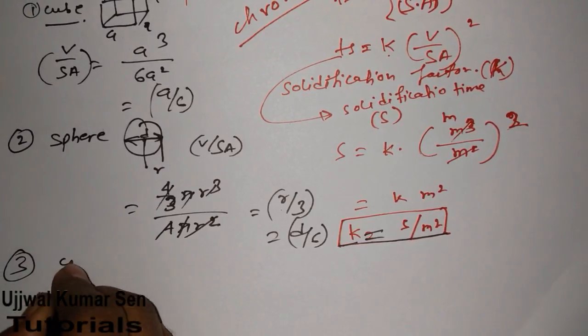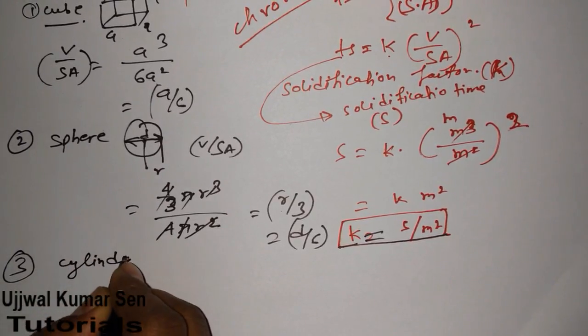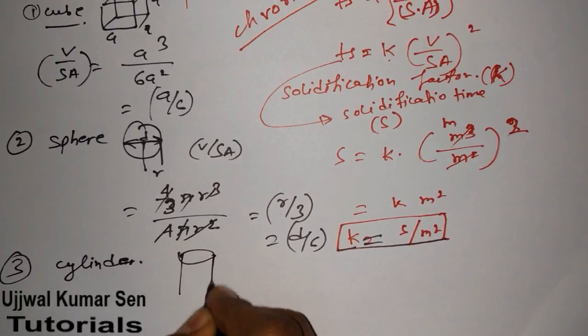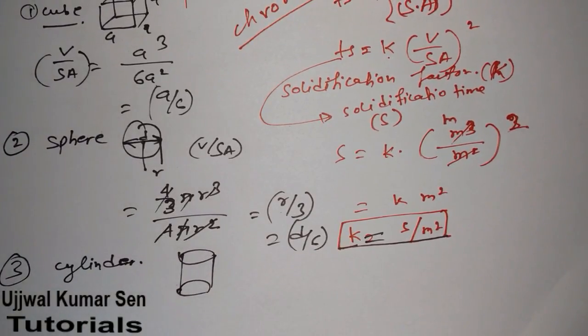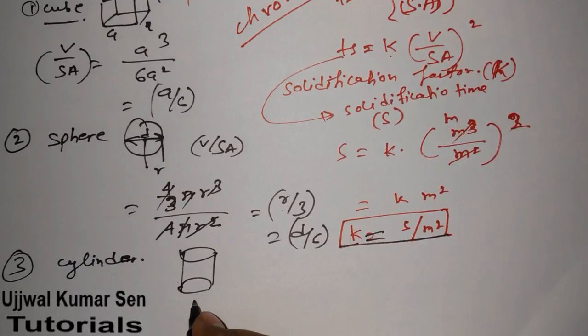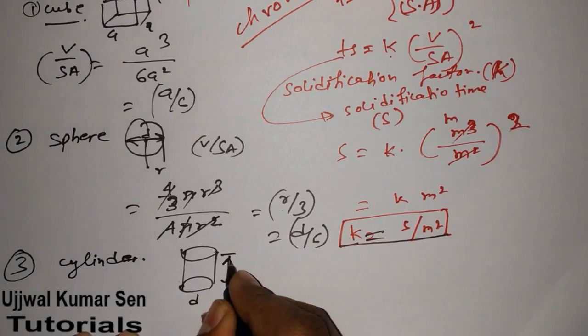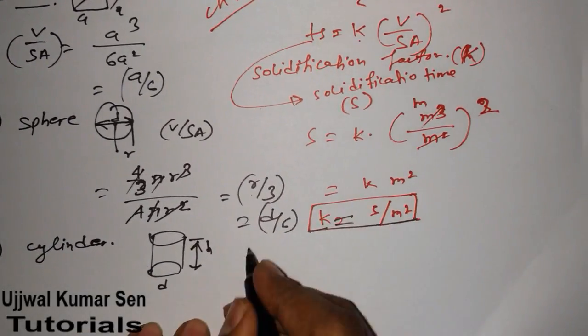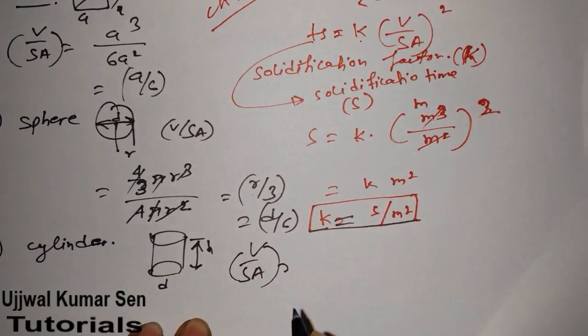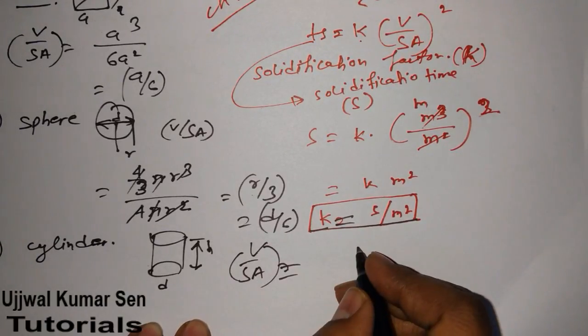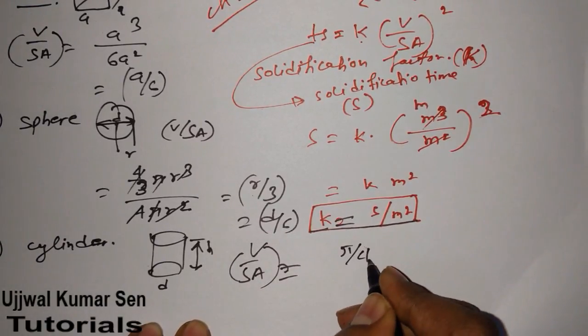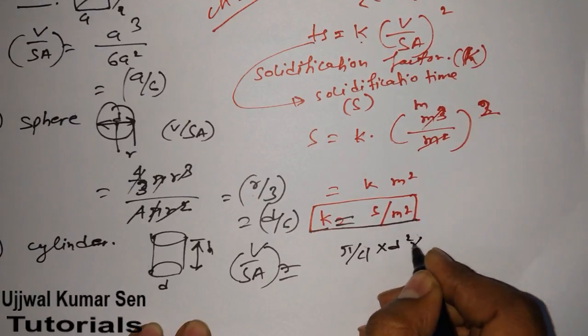Now let's go for cylinder. Okay, this one is for cylinder, right? So in this cylinder, let's say its diameter is d and height of the cylinder is h. So volume by surface area: what is the volume of cylinder? Pi by 4 into d square into h.